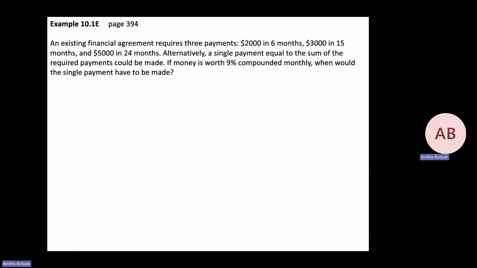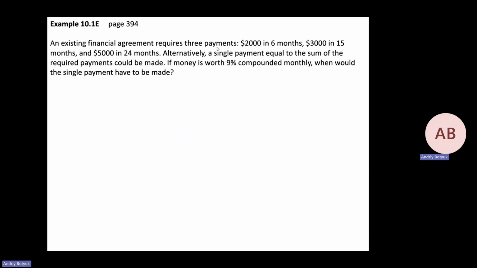If money is worth 9% compounded monthly, when should the single payment have to be made? So when question asking this, when the payment should be made, it means you deal with equated date question. It means you need to calculate n first, then find t, and focal date is now.